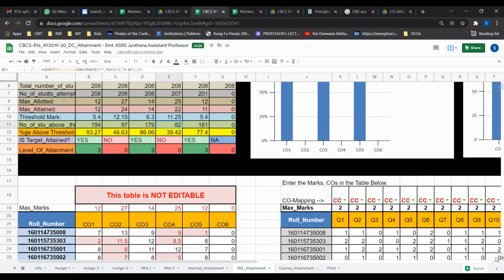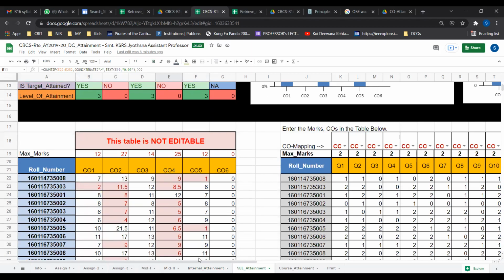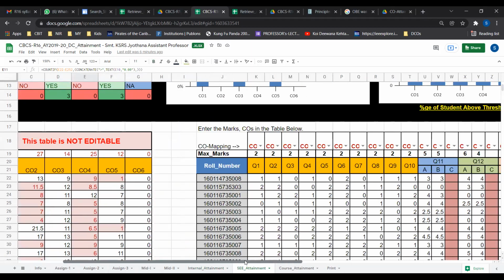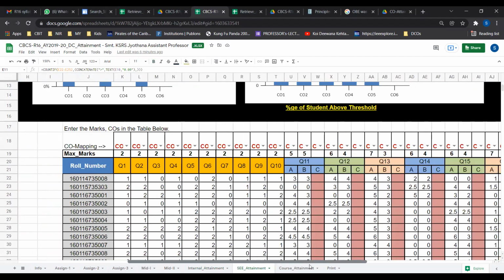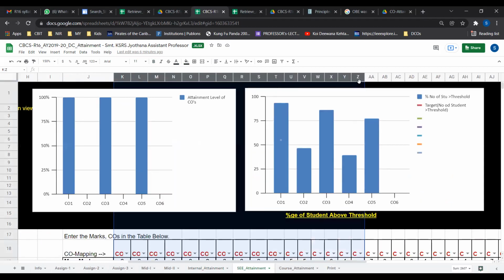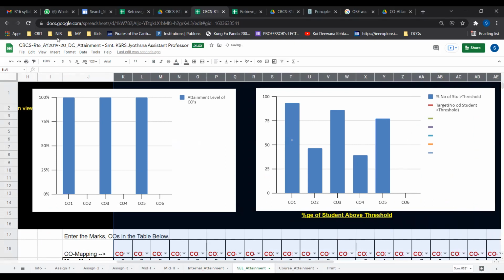One more thing you can use to rule out the assessment gap is to find out whether all the questions map to that particular CO, because in the question paper, many questions may be mapping to it. Let me expand this a bit and try to see.